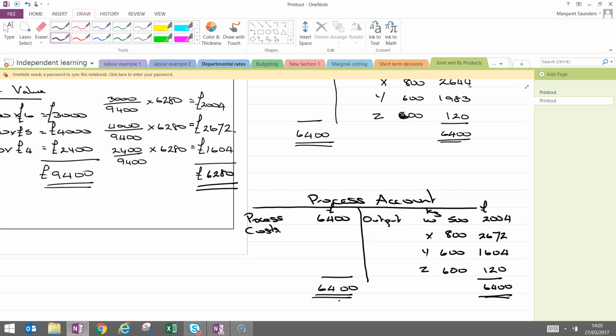This is not the case with joint products. We are attributing all of our costs to our output. So any abnormal losses or gains, they need to be considered. So in terms of quantities, you would put the quantities into the process account, but they would have 0 value.